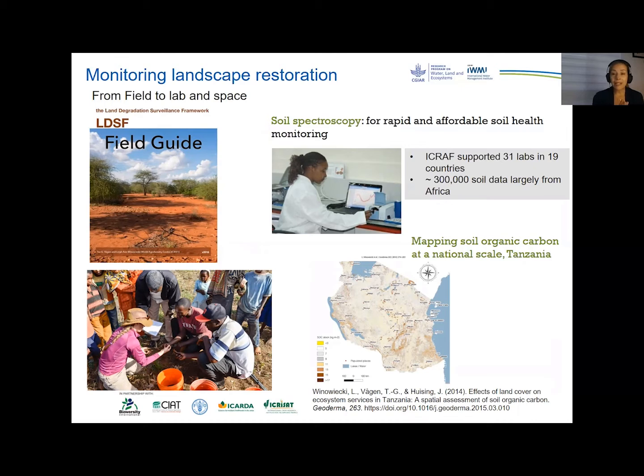For that, ICRAF has been combining infrared spectral technologies with remote sensing, and right now, ICRAF has supported 31 labs in 19 countries across Africa in order to improve their capacity to monitor restoration options in the field.